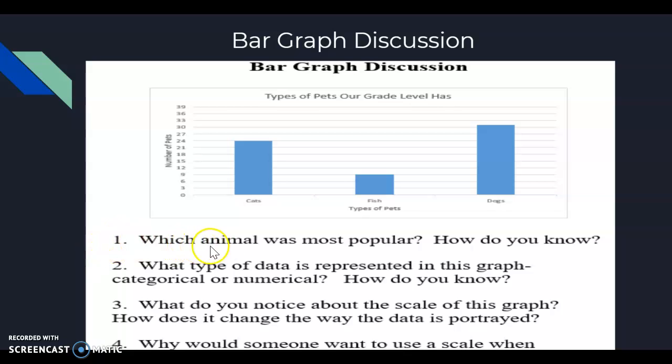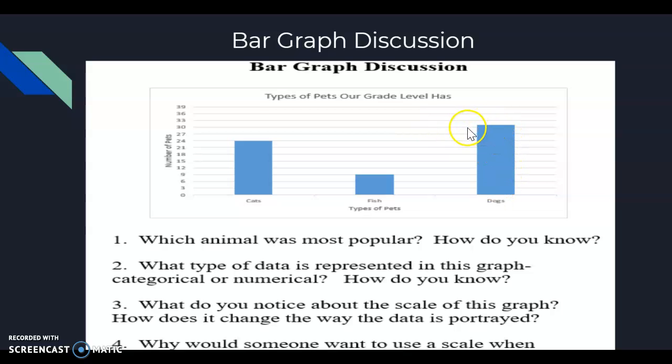Number one, which animal was most popular? How do you know? Let's take a look at it. So let's look at the different animals on here. Cats, fish, dogs. It looks to me that dogs are the most popular because their bar has the highest value.